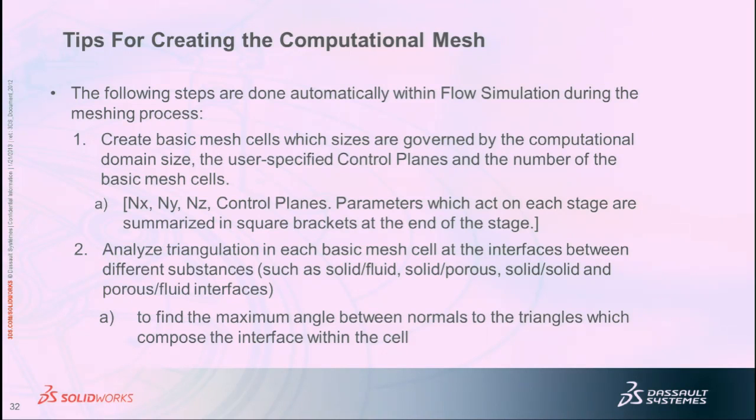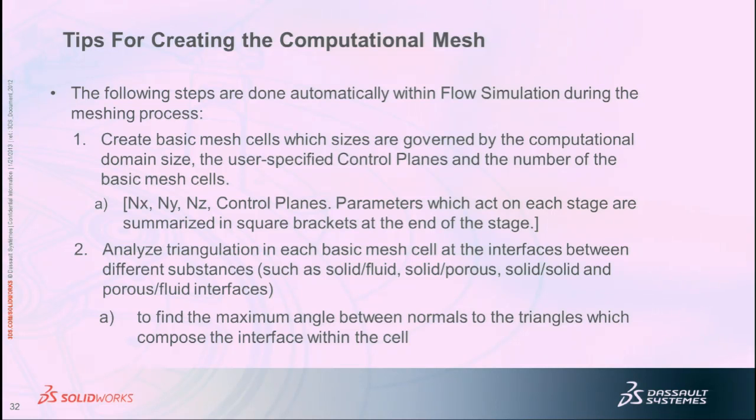So as you increase each of those numbers, the number of cells increases automatically in Flow Simulation in the XYZ direction, okay? So it always creates, for people who don't know this, brick type cells. So it's creating these nice squares, as you saw in some of the models, and you will see in some of the slides that are coming before.